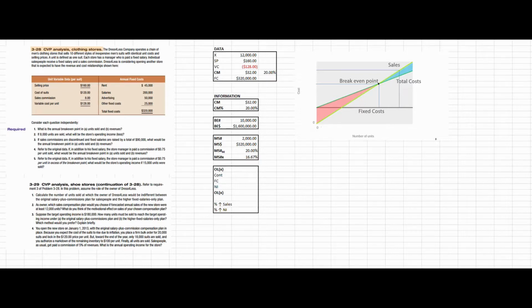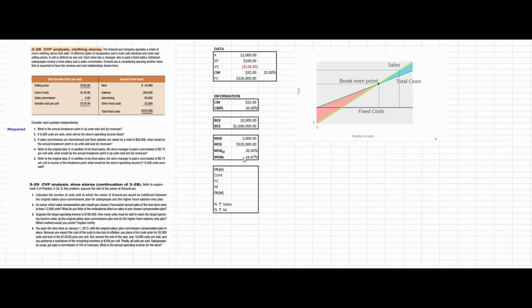Here I don't need to know what my actual scale is because what this is telling me is I have a buffer. I have an expected buffer, an expected margin of safety that's 20% of what my break-even point is.